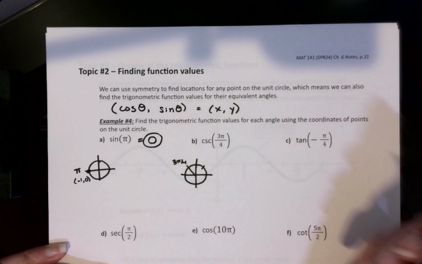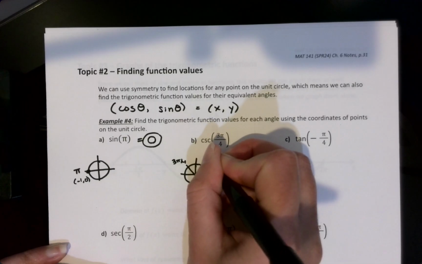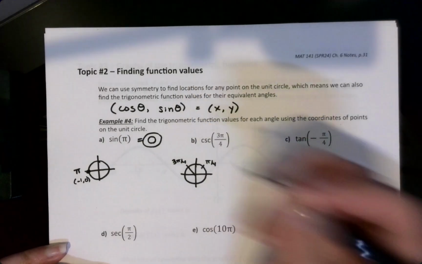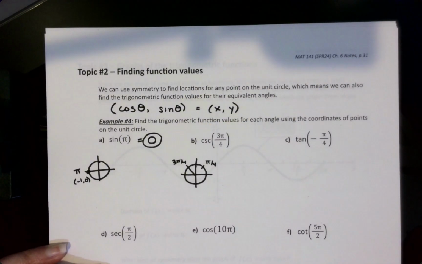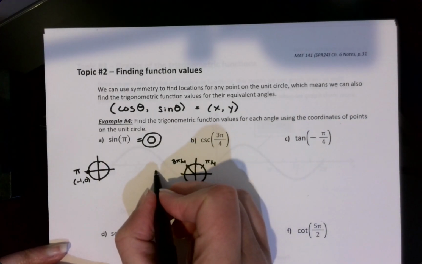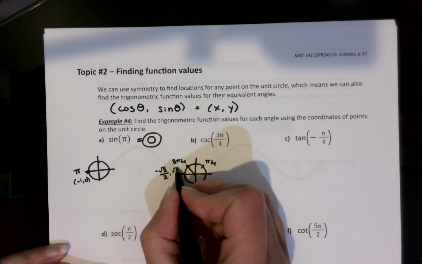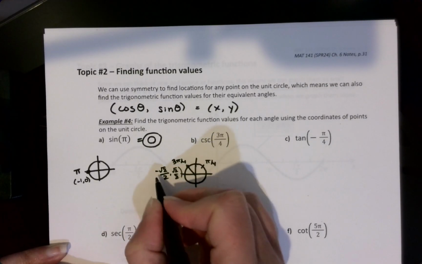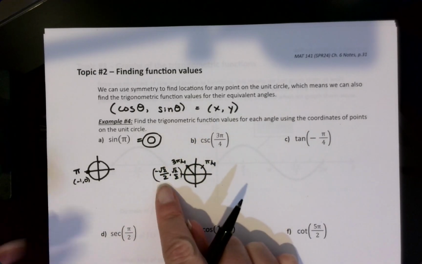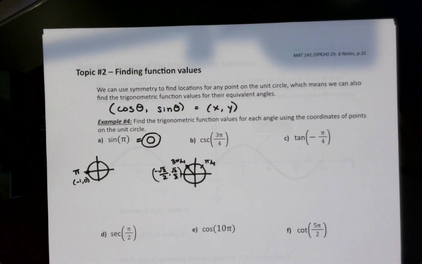And I know that the coordinates, since this is going to have a relationship with pi fourths, are going to be root 2 over 2, root 2 over 2. But based on the fact that I'm in quadrant 2, the x-coordinate is negative. So negative root 2 over 2, comma, positive root 2 over 2. You can look that up on your unit circle, or once you've memorized it, you're going to be able to fill that in for yourself here.